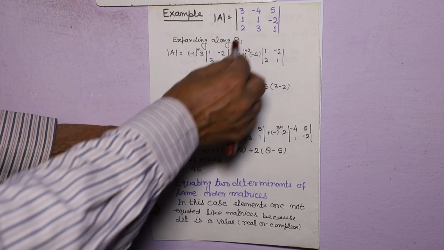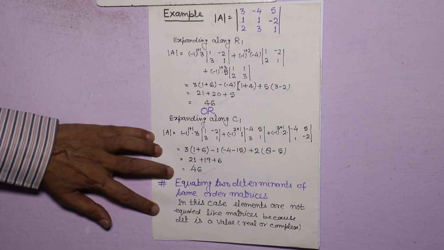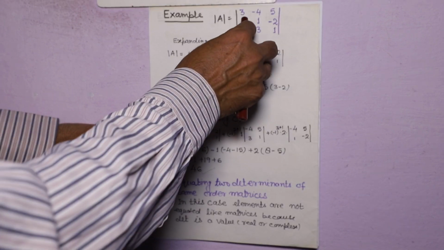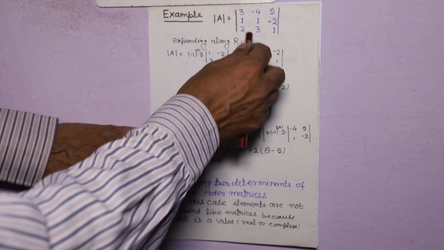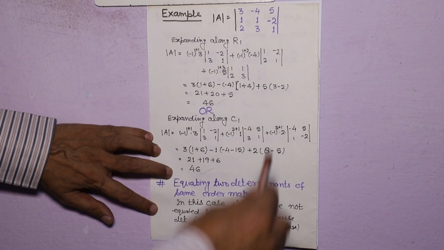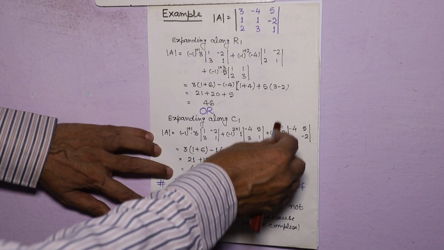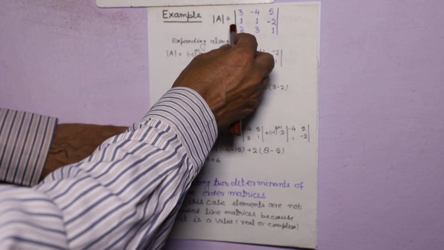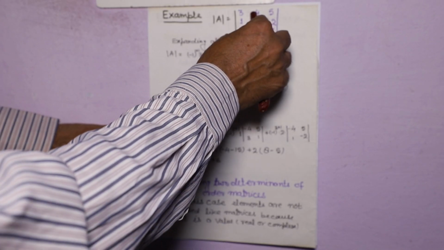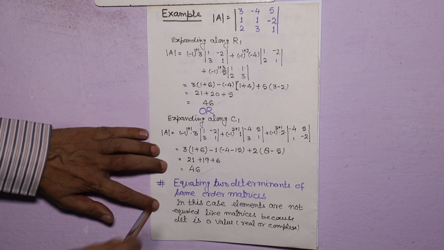Again, minus 1 to power 1 plus 1 into 3 into the determinant obtained by deleting the element of first row first column, 1 minus 2, 3 1, plus minus 1 to power 2 plus 1 into 1 into the determinant obtained by deleting first column second row, that is minus 4 5, 3 1, plus minus 1 to power 3 plus 1 into 2 into the determinant obtained by deleting the third row and first column element, that is minus 4 5, 1 minus 2. Solving it, we also get the value 46.